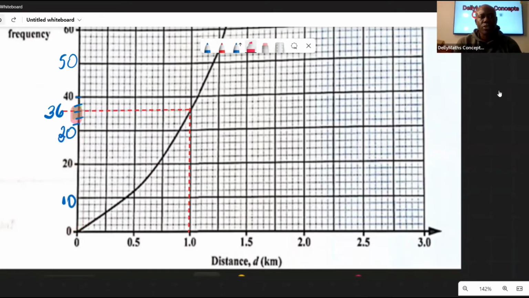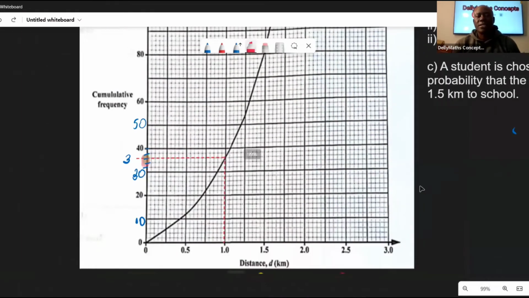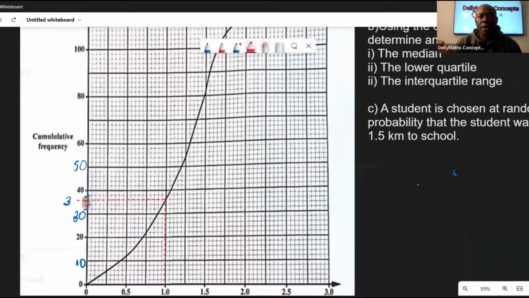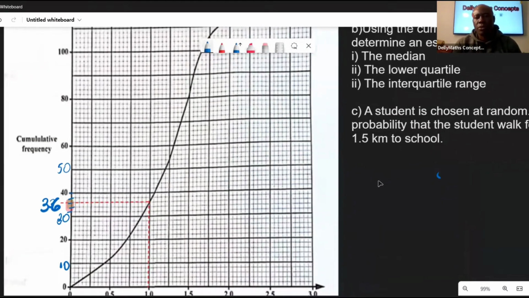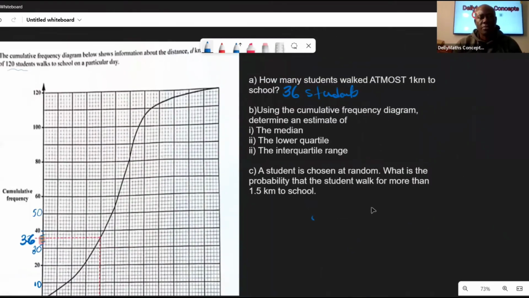That's the sort of interpretation that we want to have as it relates to these questions. My response for number 1 would have been 36 students.